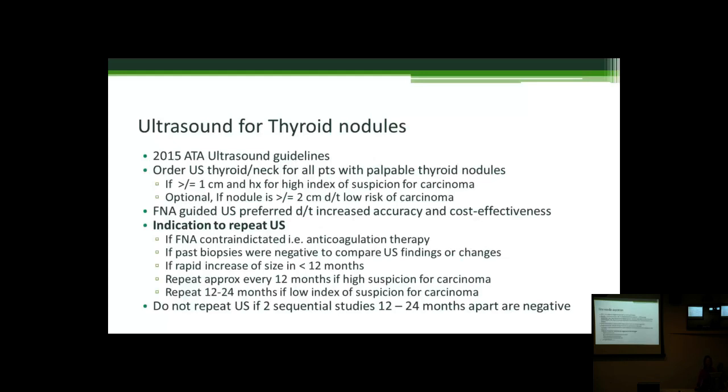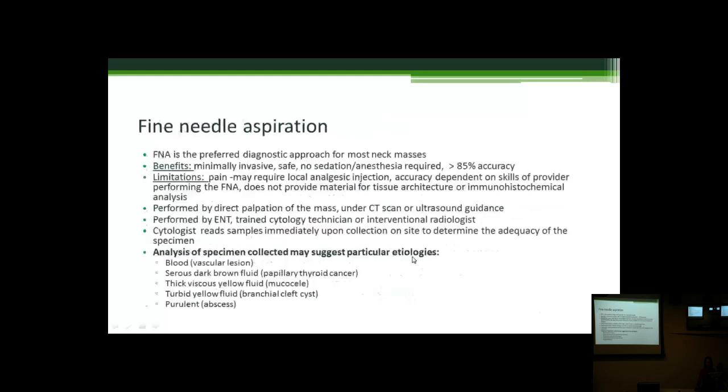Fine needle aspiration is the preferred diagnostic approach for most neck masses. The benefits are that it's less invasive, it's safe, does not require any anesthesia, and it has 85% or more accuracy. Limitations are that it does induce some pain and discomfort, but they usually do provide a local anesthetic.